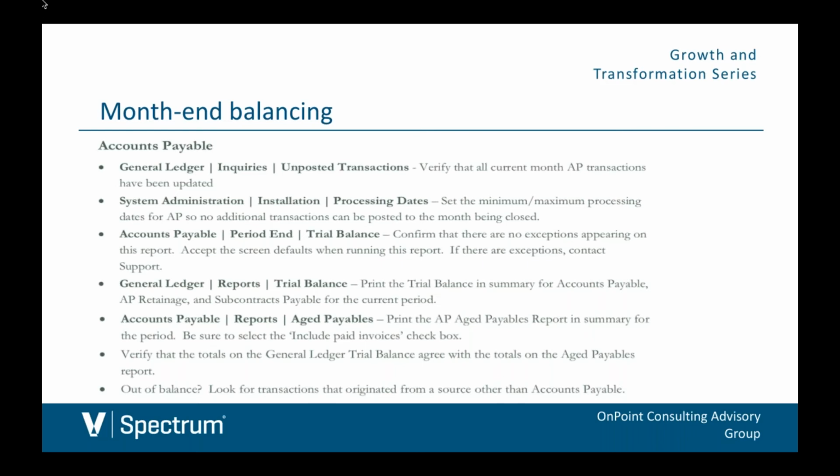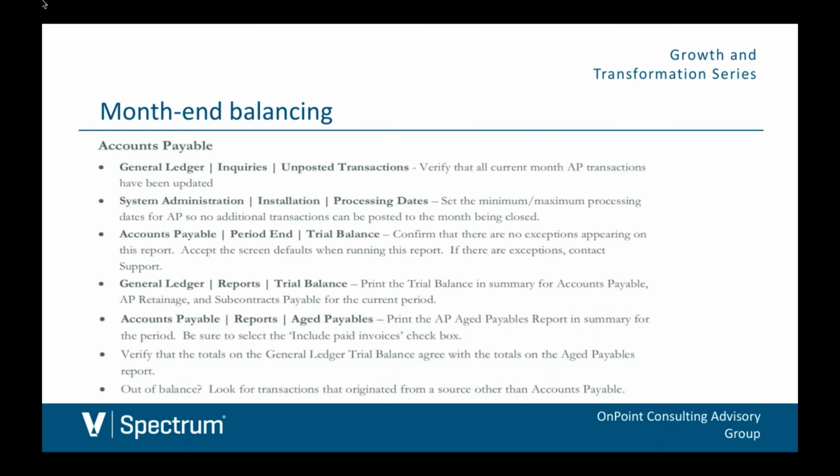Because let's say your CPA gave you a journal entry to make, but then maybe you didn't reverse it back out and it was just an accrual, it's going to put you off by that amount.